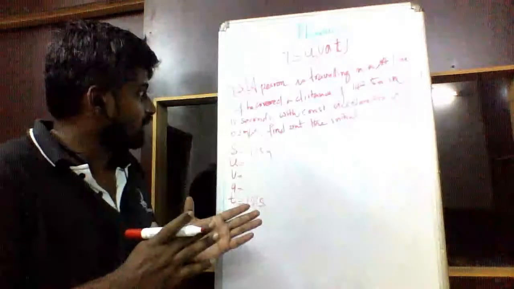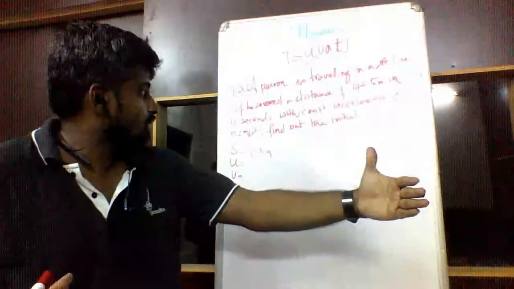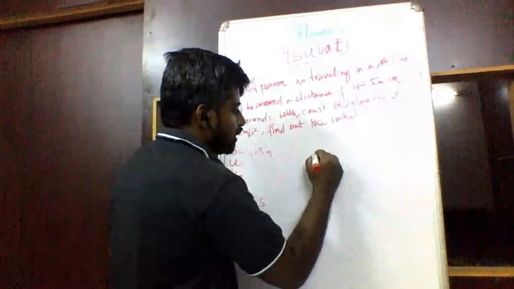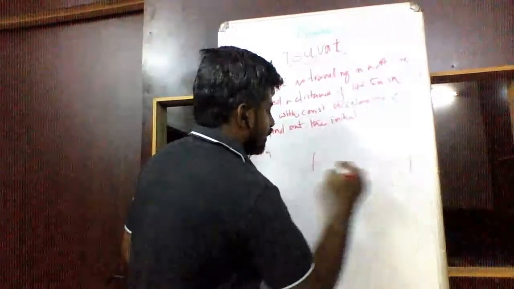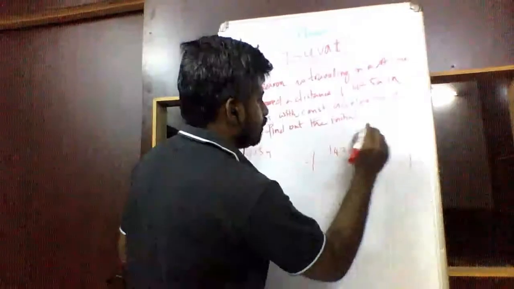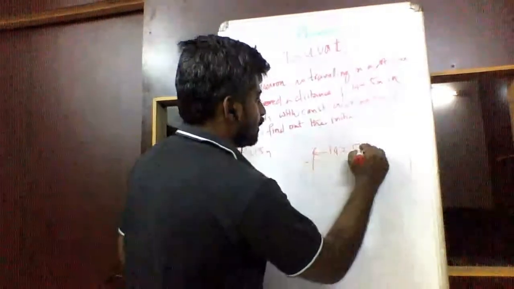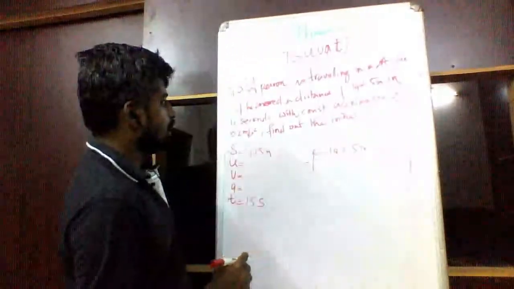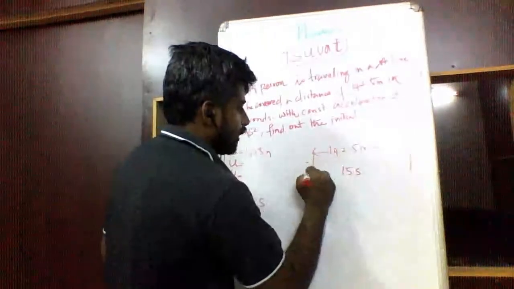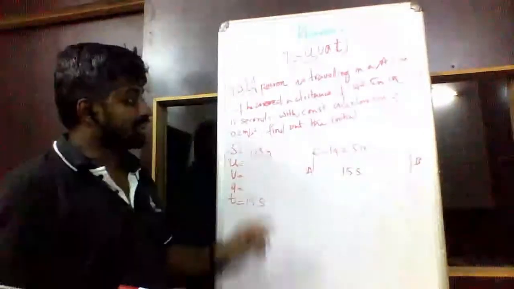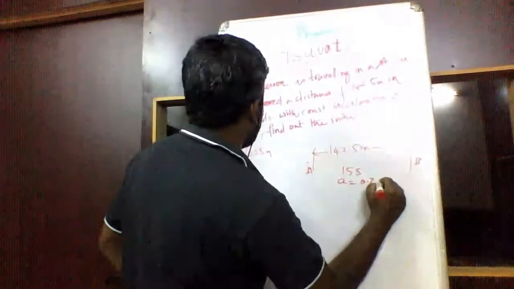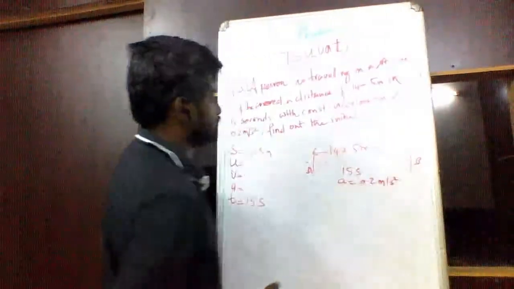So a person is moving, he covered some distance in 15 seconds from A to B with a constant acceleration. A is equal to 0.2 meter per second square.